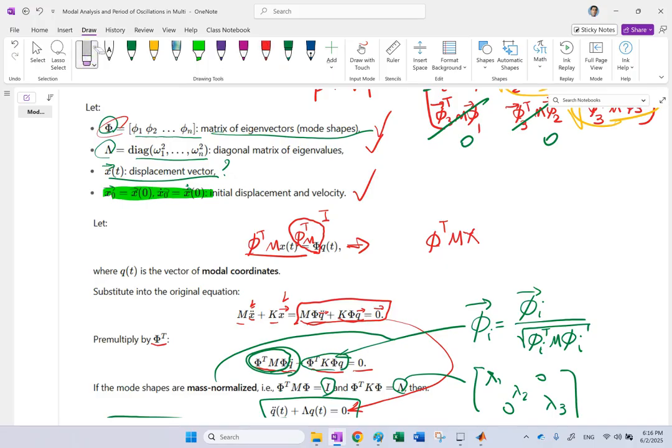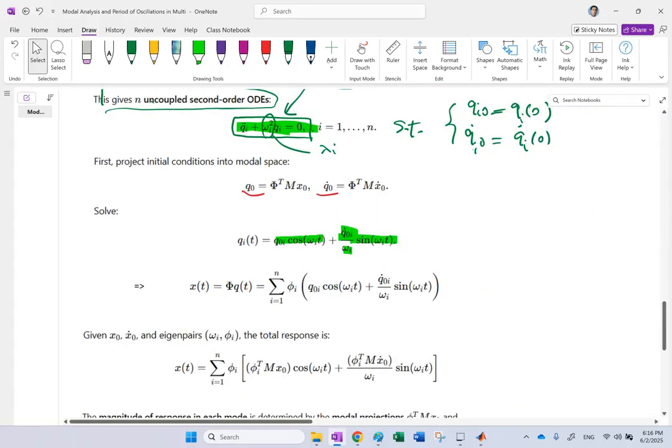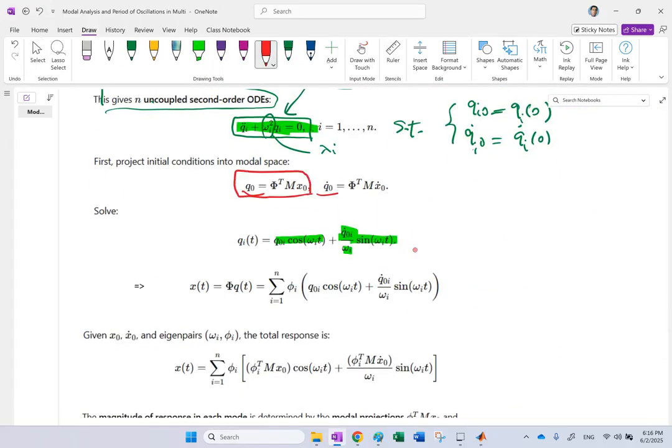And if I want the initial condition, I just plug in initial condition. So Q at 0 equals phi transpose M X at time 0. That's all I need to do. And that is exactly what you can see here. Look at that. And if you take a time derivative from that, since M and phi are constant numbers, then Q dot at time 0 is phi transpose M X dot at time 0.